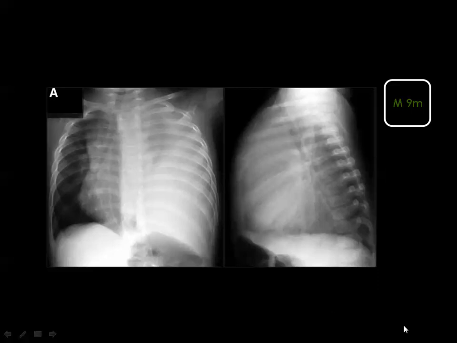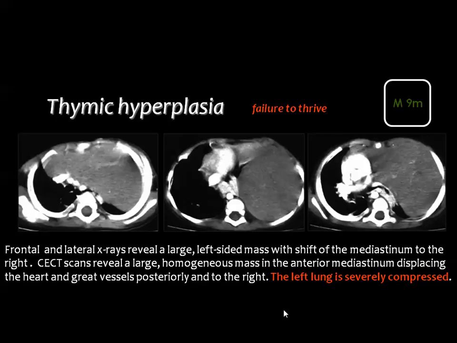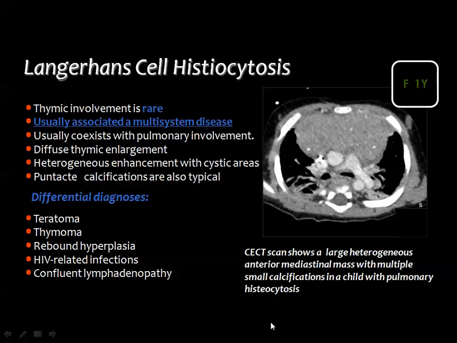In this chest X-ray, there is a big mass occupying the left hemithorax, displacing the heart to the opposite side. The CT scan showed a huge mass occupying the left hemithorax, compressing the left lung, and crossing the mediastinal border to the opposite side, and this was proved to be thymic hyperplasia.